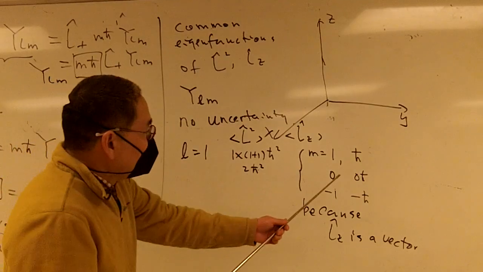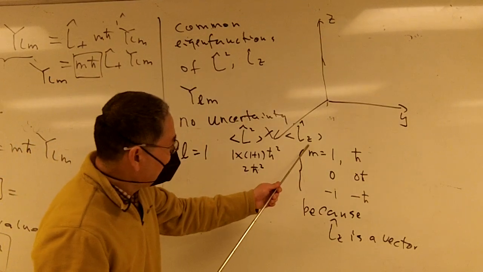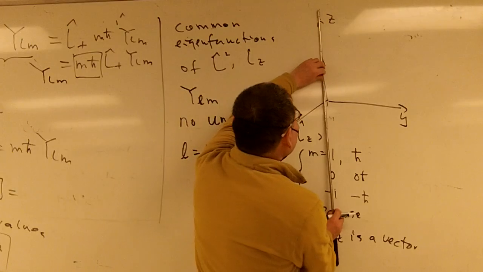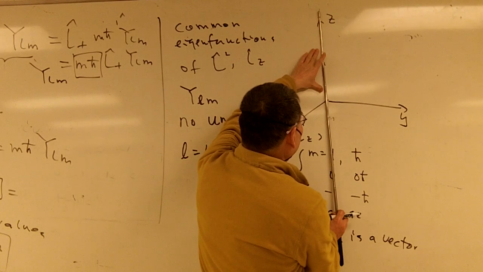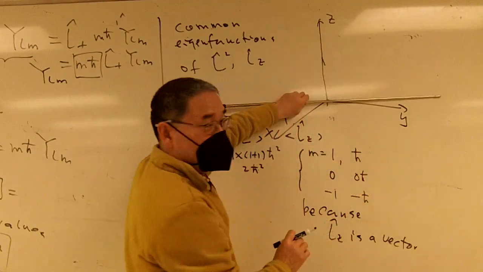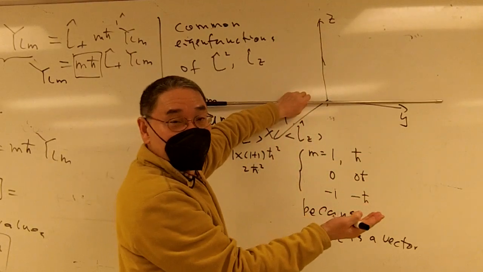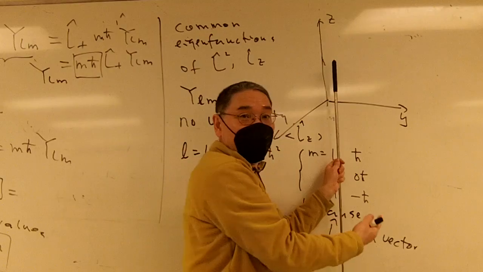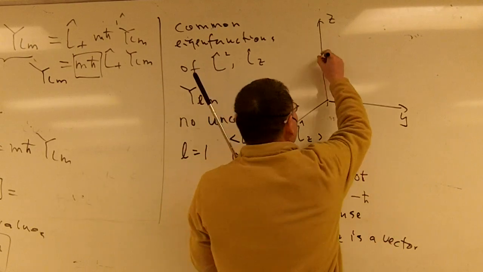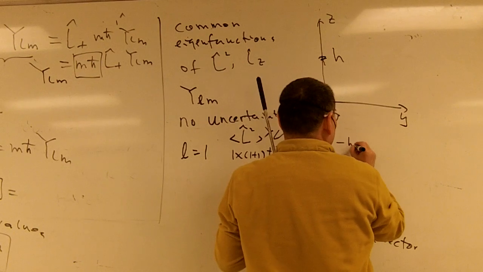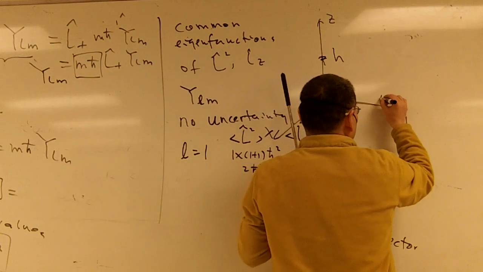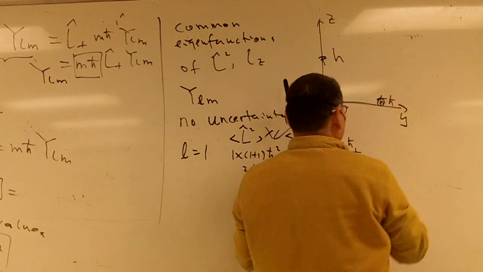Now, I can align this z directly in this orientation and give me 1 h bar, or in this orientation, give me 0. Make sense? Or this orientation gives me negative 1. So here is positive 1 h bar, here is negative h bar, and here is 0 h bar, like this.